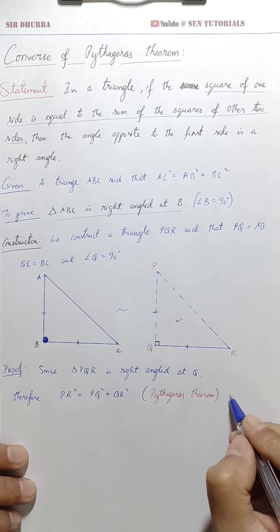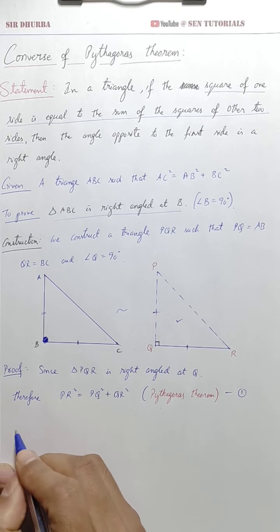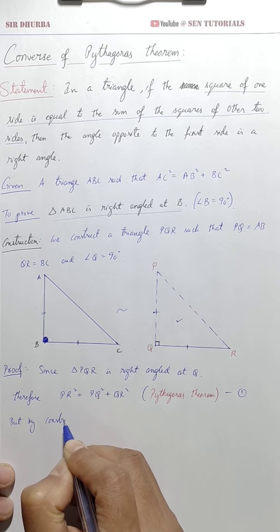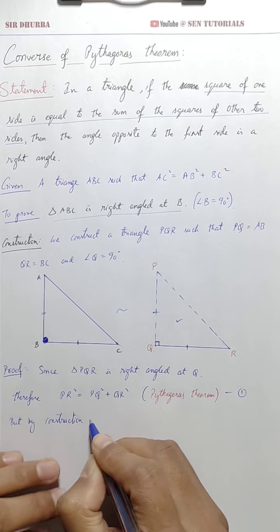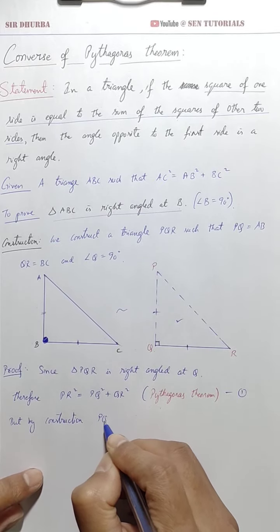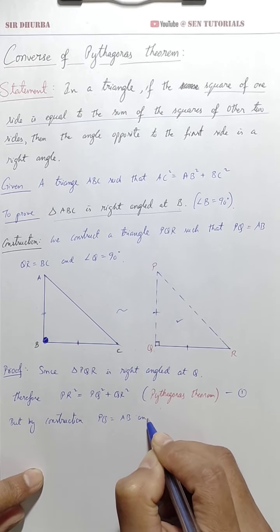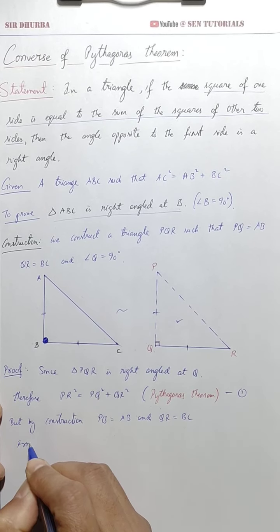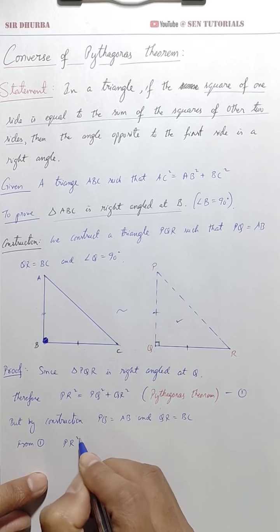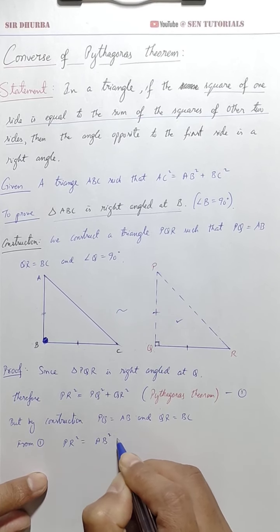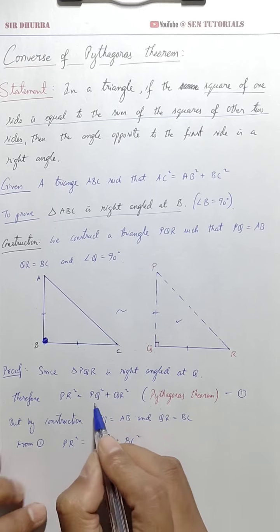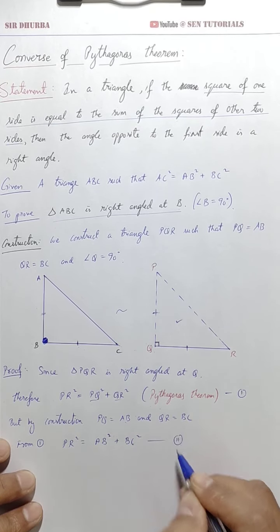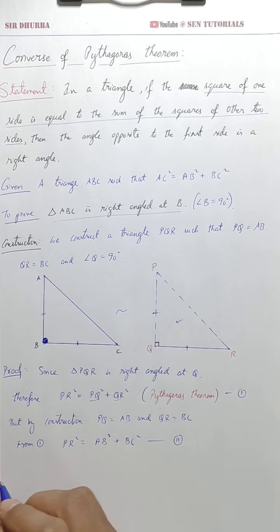Let this be equation 1. But by our construction, we had that PQ is equal to AB and QR is equal to BC. So equation 1 becomes PR square equal to AB square plus BC square, because PQ is equal to AB and QR is equal to BC. Let this be equation 2.